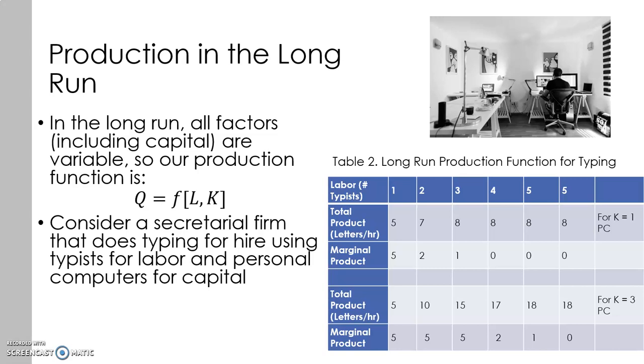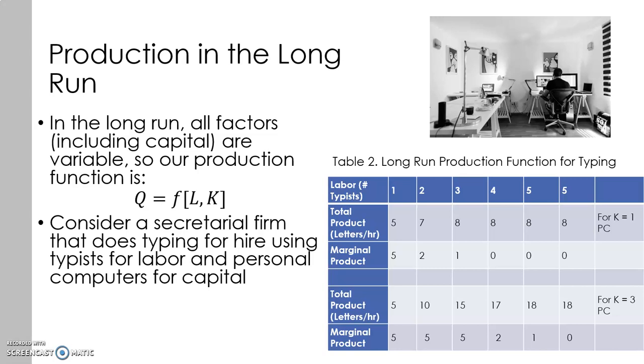If we hire a second typist, put together, the two typists will generate 7 letters per hour. The second typist gets us from 5 to 7. 7 minus 5 is 2. So the second typist's marginal product of labor is 2 letters per hour.